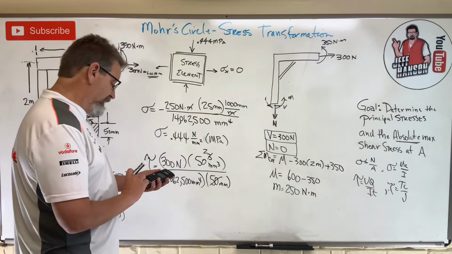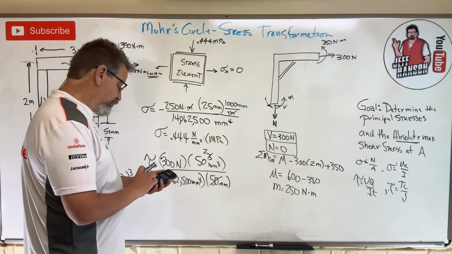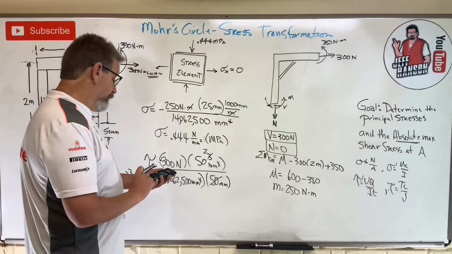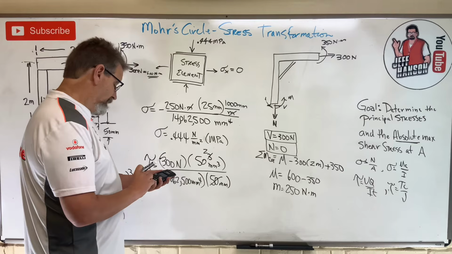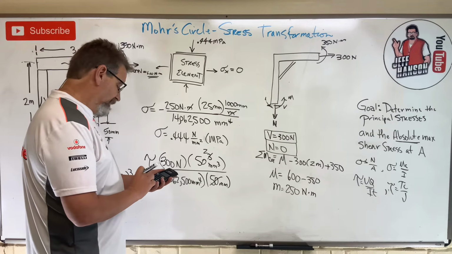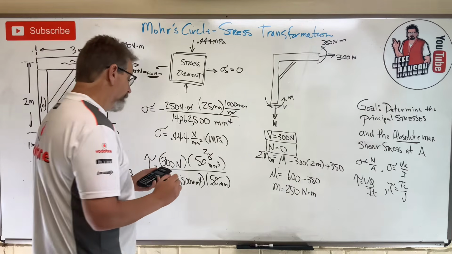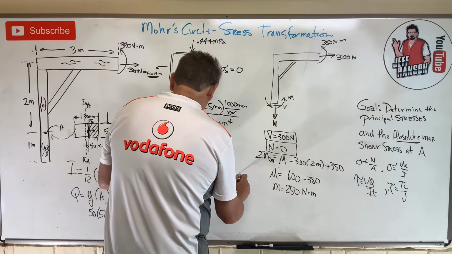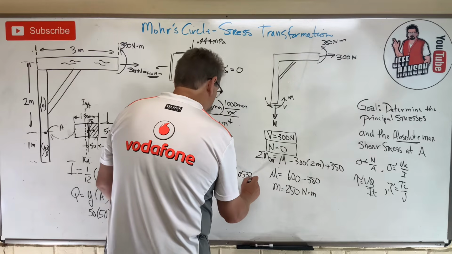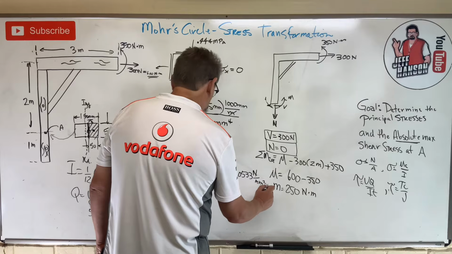So what do we have? 300 times 50 squared, divided by 14062,500 equals 0.0533 newtons per millimeter squared.